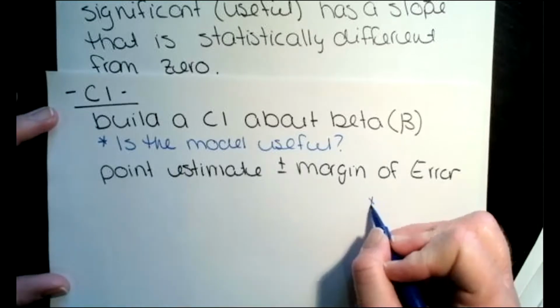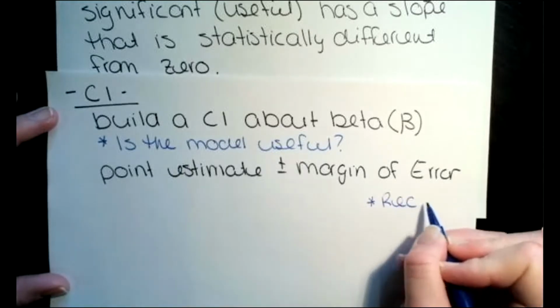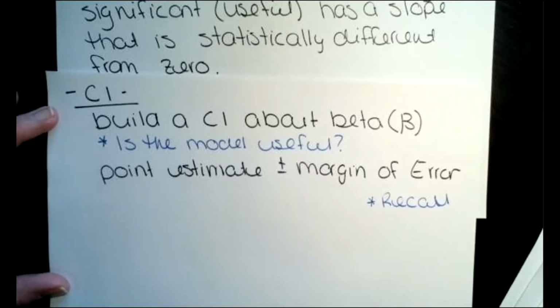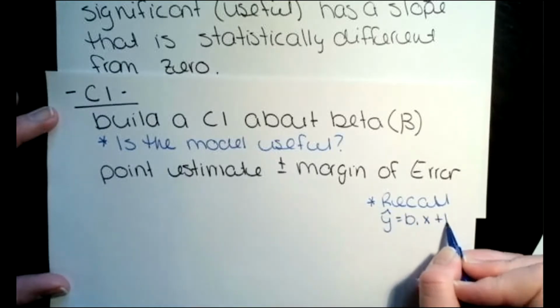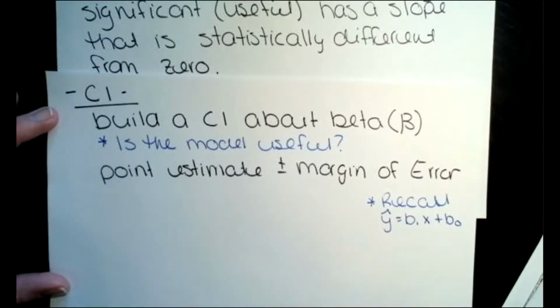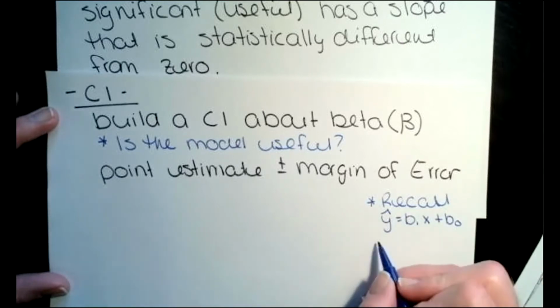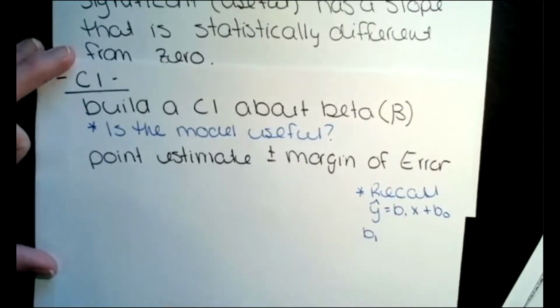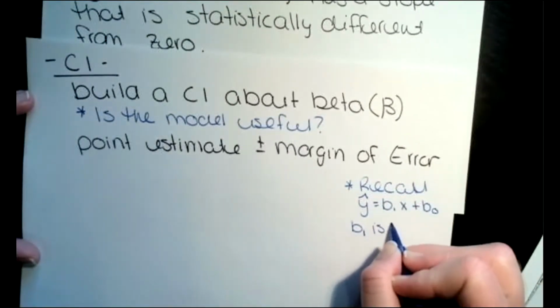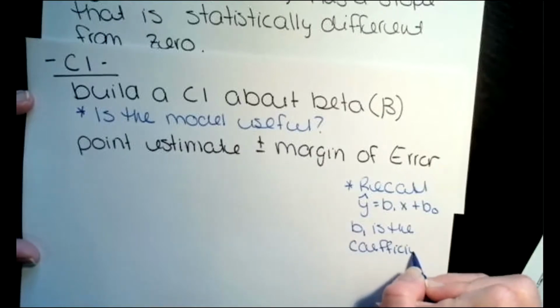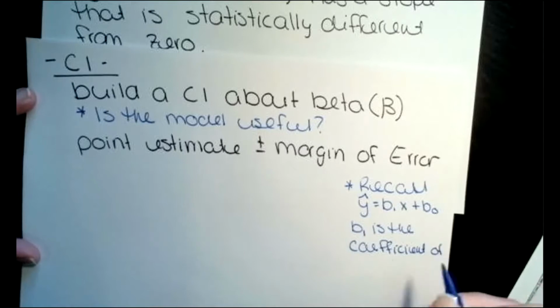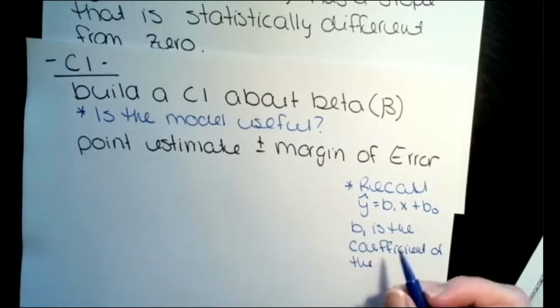So let's recall from last class our model. So just over here off to the side, from last class, remember what our sample equation, our estimate equation was y hat equals b1x plus b naught, right? And b1, I'm just going to write this off to the side, then we have it. b1 is the coefficient of the predictor variable.